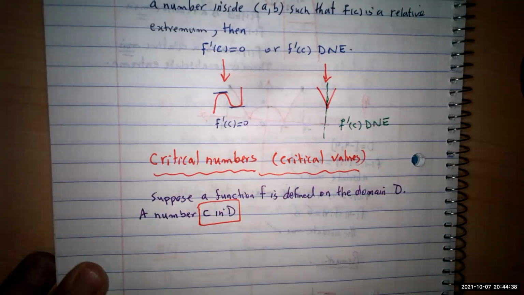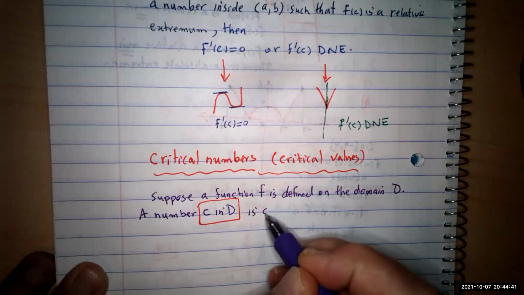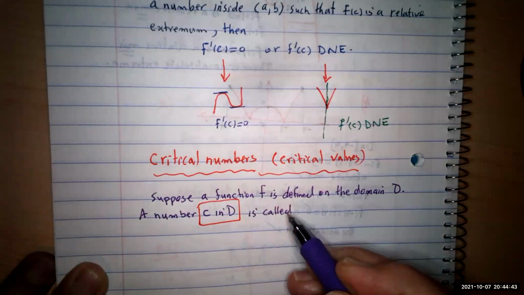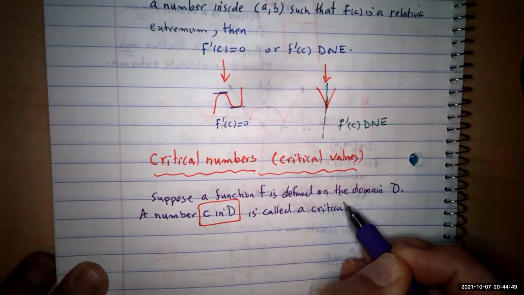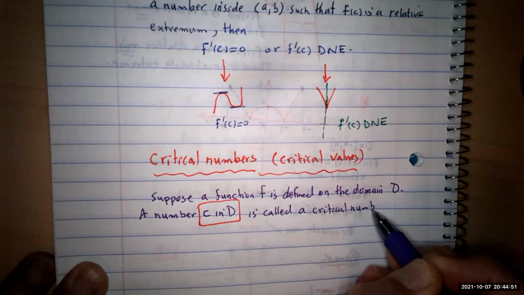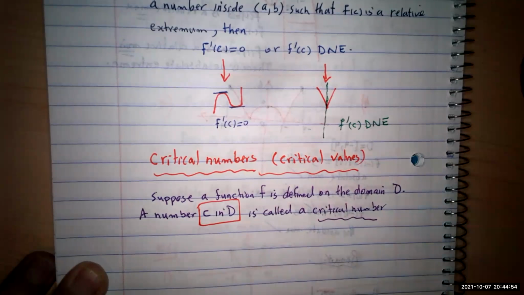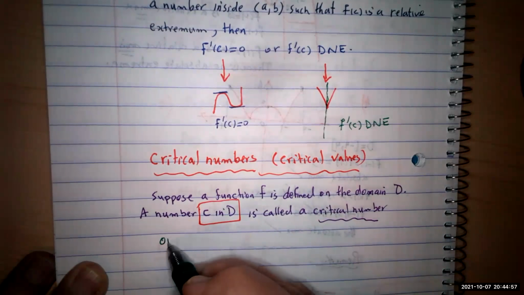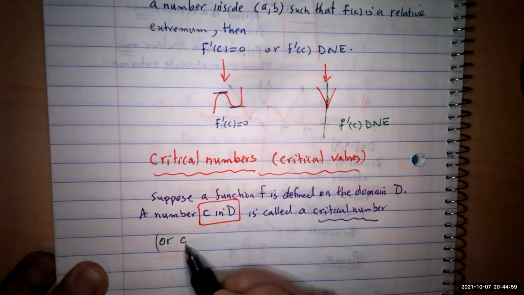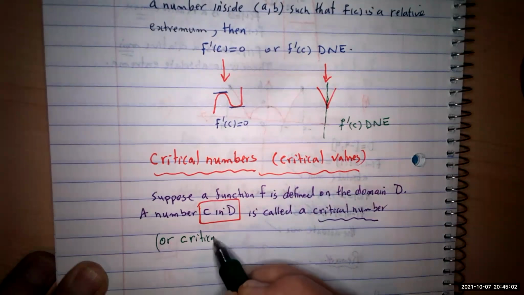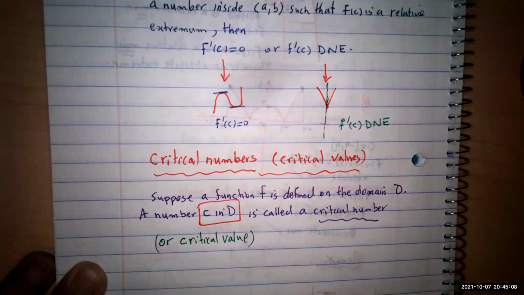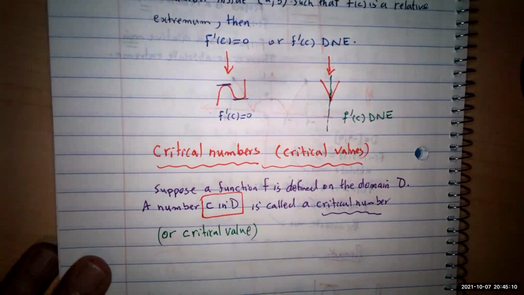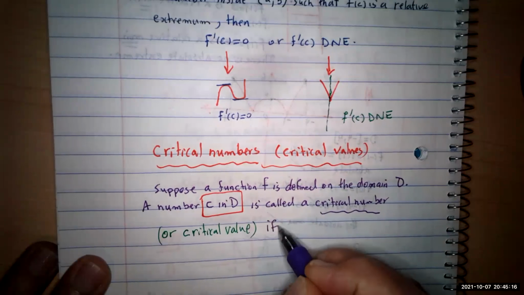A number C in the domain D is called a critical number, or sometimes I may call it a critical value. So a number C in D is called a critical number or a critical value if two conditions hold.